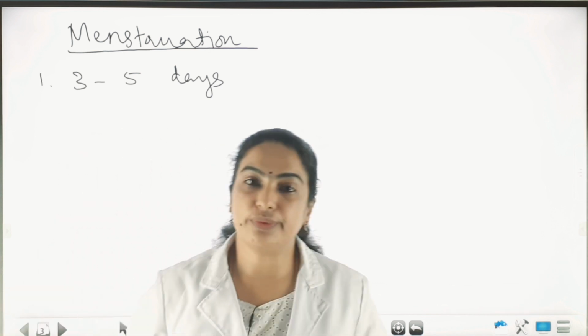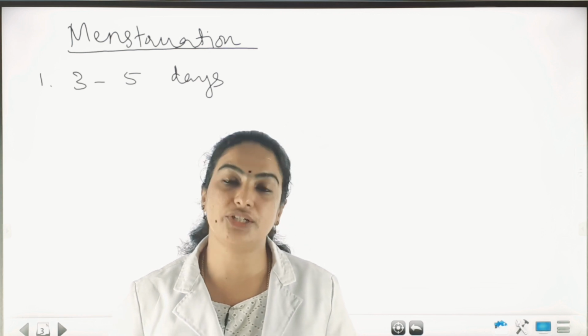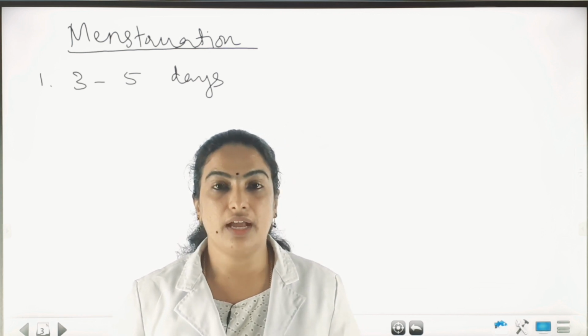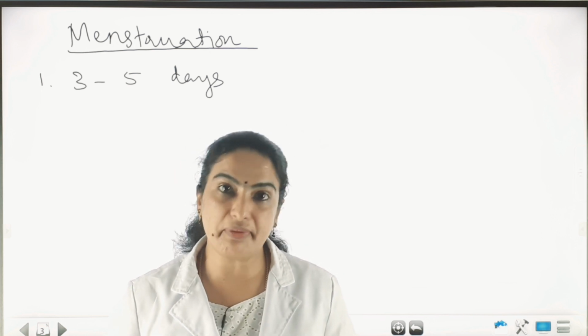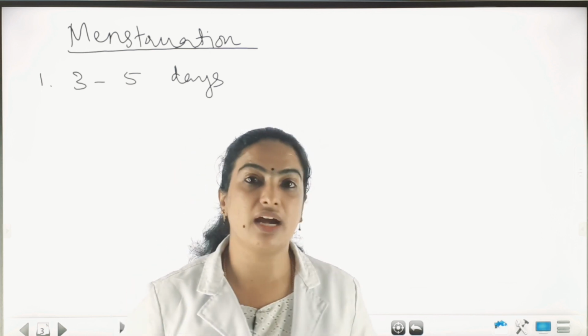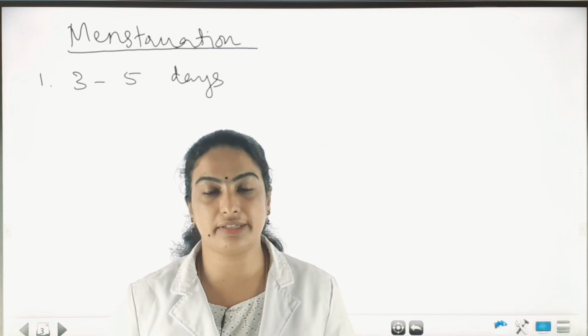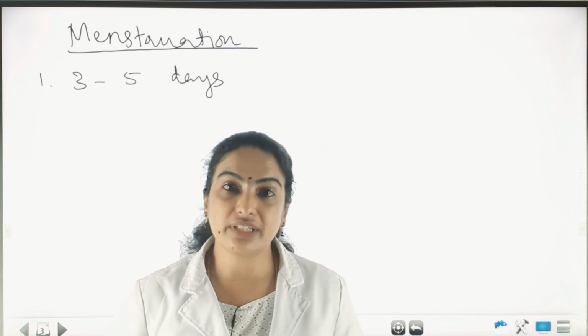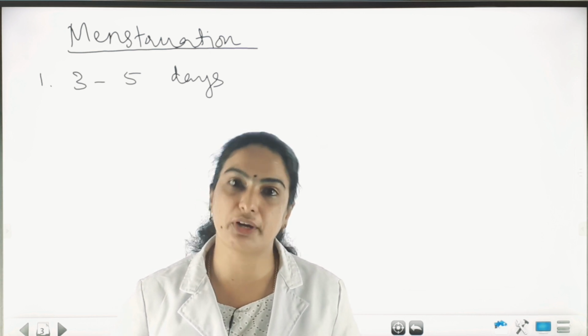As I told you, after ovulation, the ovum reaches the fallopian tube for fertilization. If fertilization does not occur, the ovum breaks. So at the same time, the corpus luteum starts to degenerate.